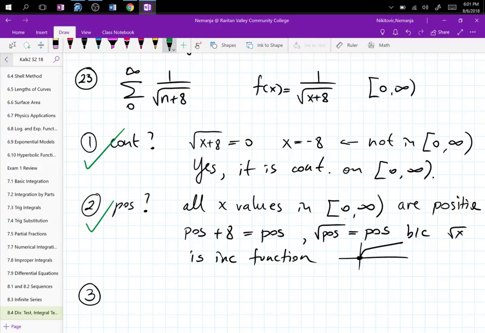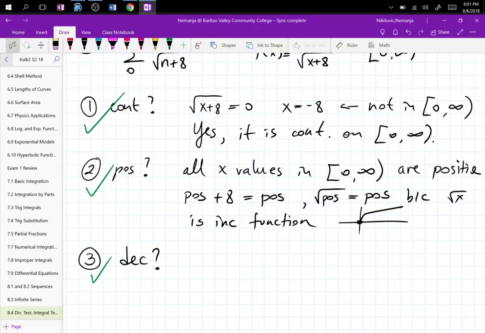Decreasing. You know what we did so far for decreasing? We did the derivative every time. You can actually also use algebra if you don't want to use a derivative.